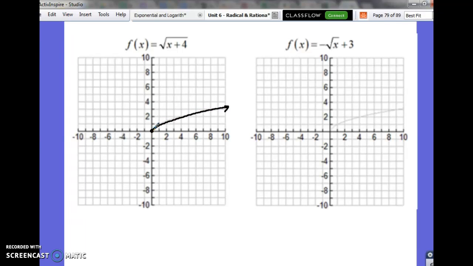This point here we often call the point of origin, and that can really help you in writing down your domain and range and also stating your transformations or your translations.